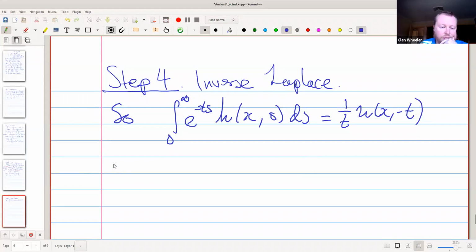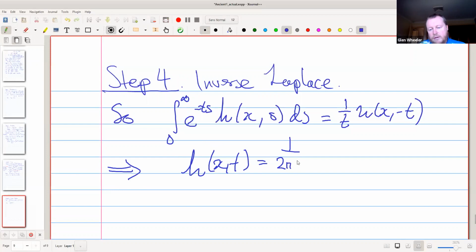And so then you can take an inverse Laplace transform and you get that h of x and t is 1 over 2 pi i, and this is just the inverse Laplace transform integral, right? Because now the s variable is complex.